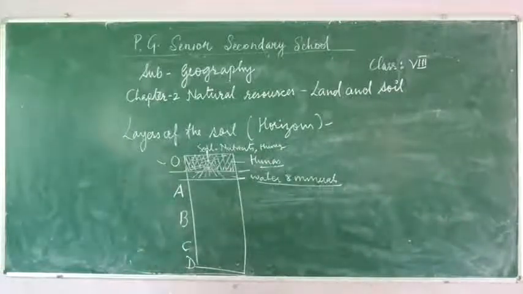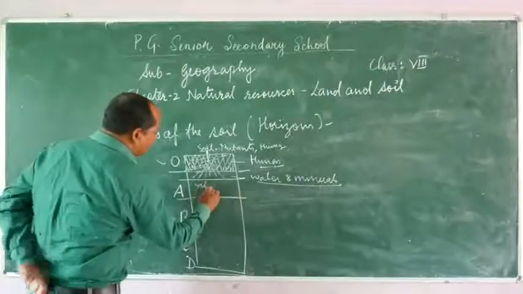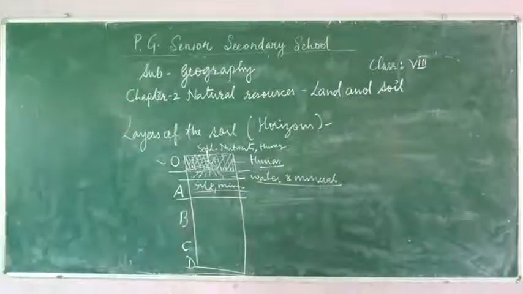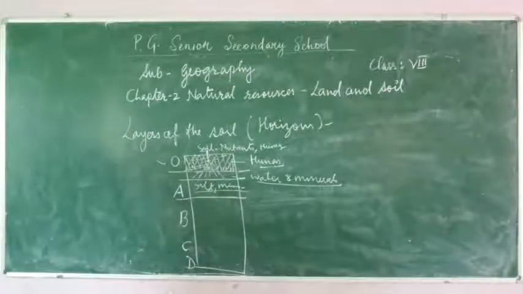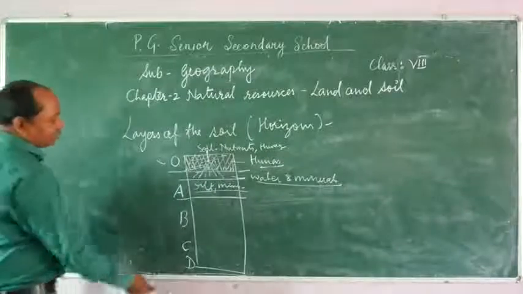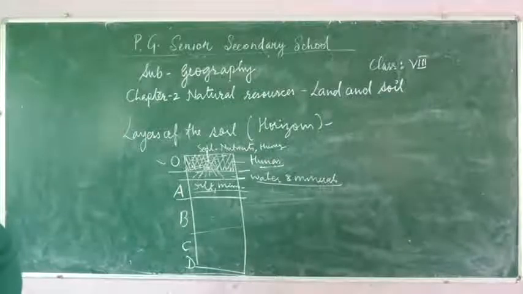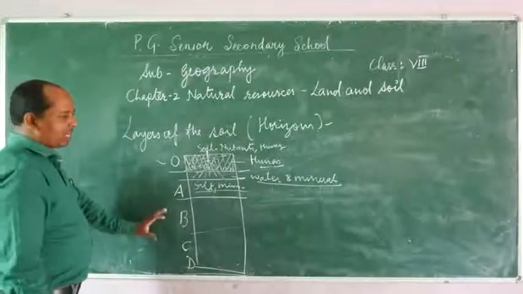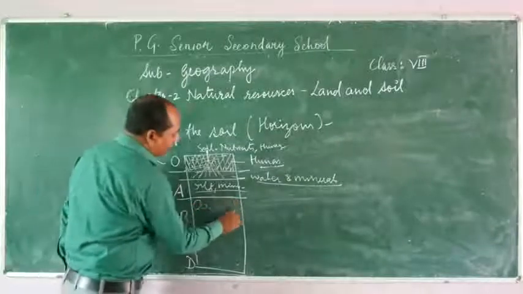Now horizon A. So I will inform you, this contains salt, minerals, etc. These are also important for the plants, and some bedrocks. Now horizon B, this is known as the subsoil. It contains some particles which are important for formation of the soils, this layer, and generally some small particles are there.